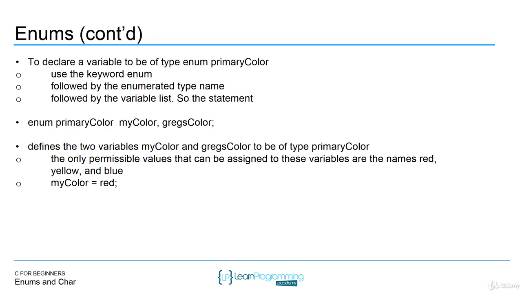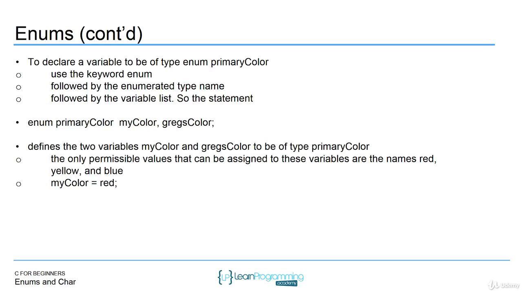The only permissible values that can be assigned to these two variables are red, yellow, and blue. So we could say myColor equals red, and that's perfectly valid. We could not say myColor equals green. That wouldn't work because that value isn't valid for that enum type. We couldn't say myColor equals Jason, because myColor can only contain the three values of the primaryColor enum type.